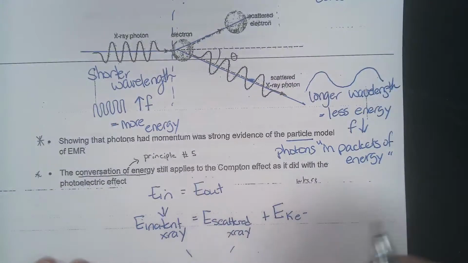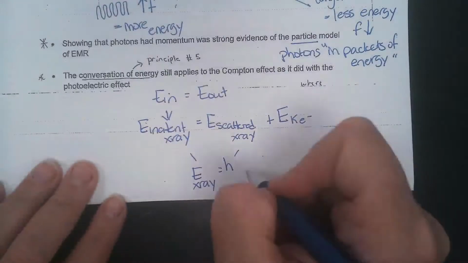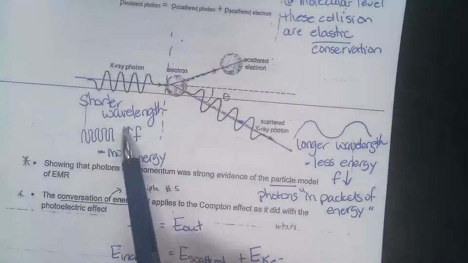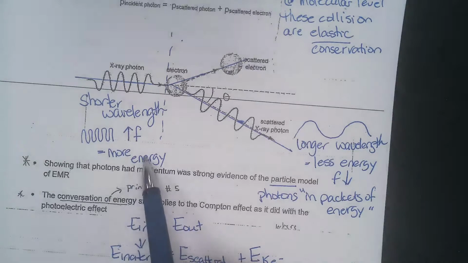For the X-ray, we can look at the energy of the X-ray being equal to Planck's constant times the speed of light over wavelength, because we've made that connection here. If I have a shorter wavelength, I have a greater frequency, I have more energy.